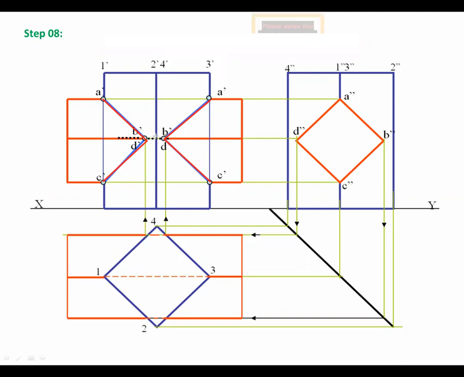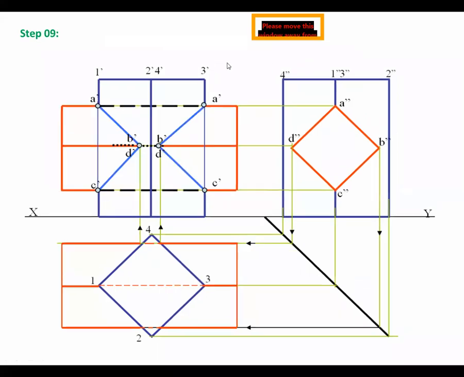The portion which is not visible, we can mention with the help of dotted lines. Okay, now the dotted lines are nothing but the invisible lines, and these lines I have mentioned with the help of these red colored lines.